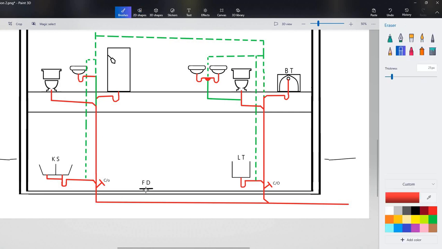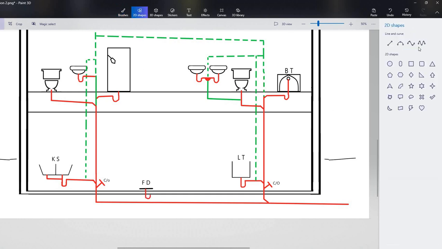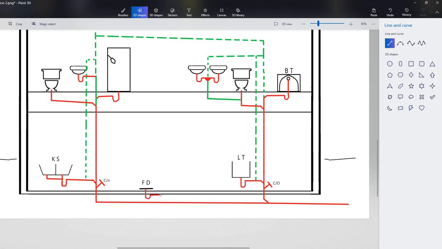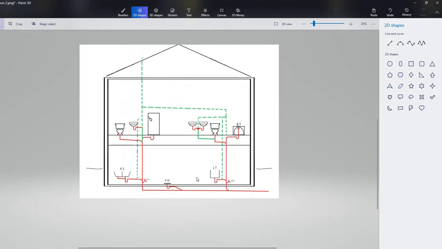One last fixture we have to connect is our floor drain. We did not forget about that, our emergency floor drain. There we go. Come across with our drain, and connect down with a Y like so. And there you have it.